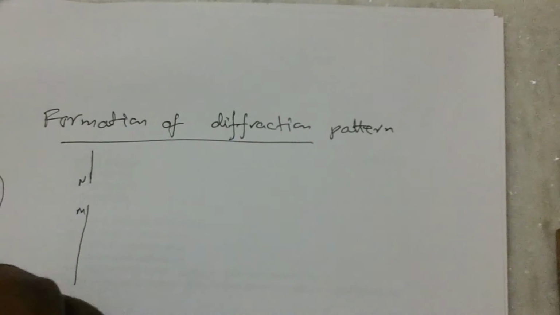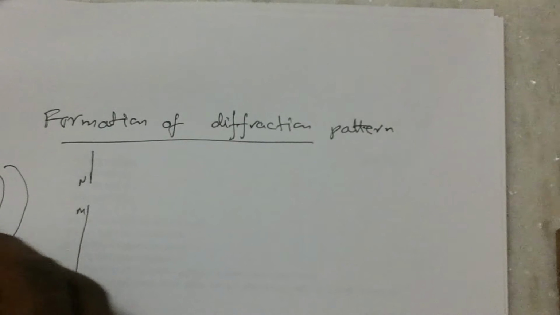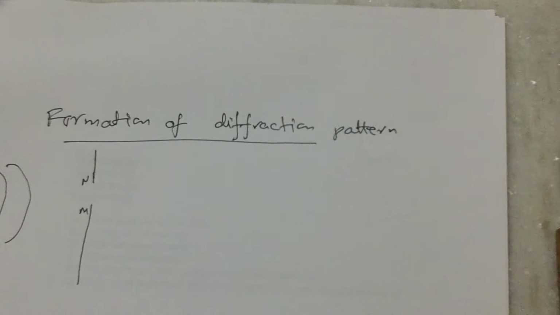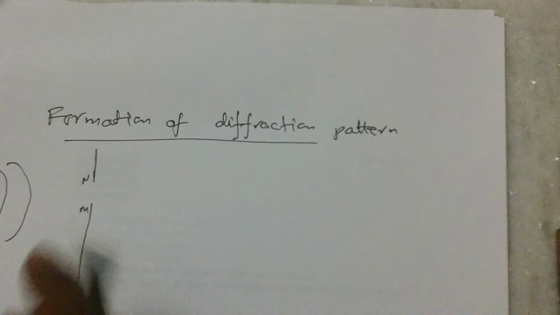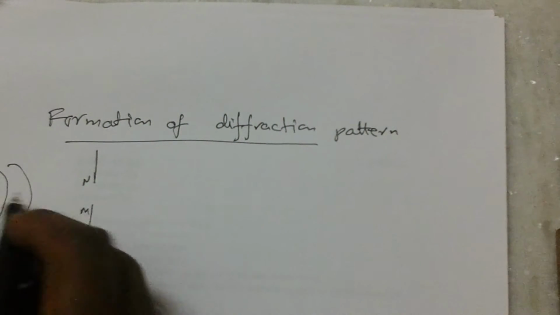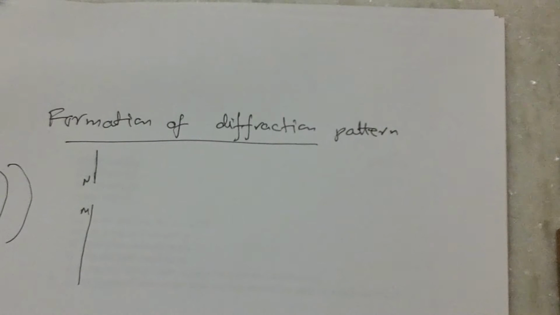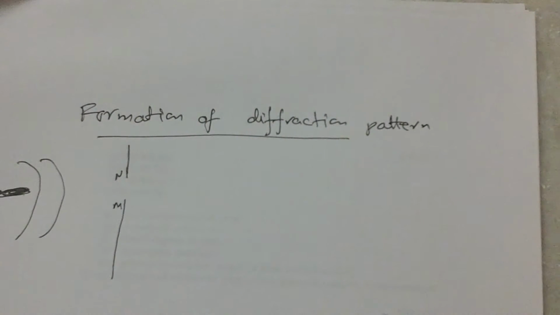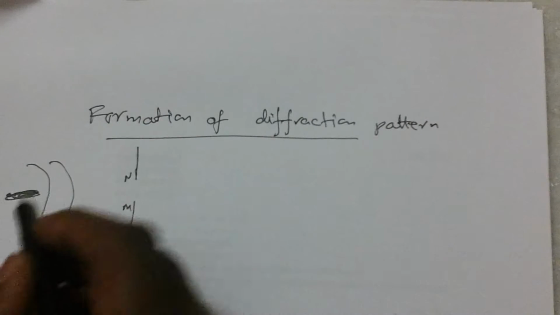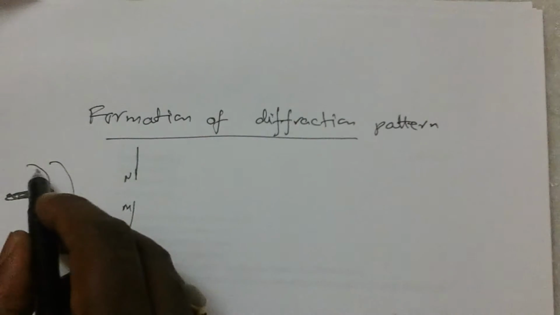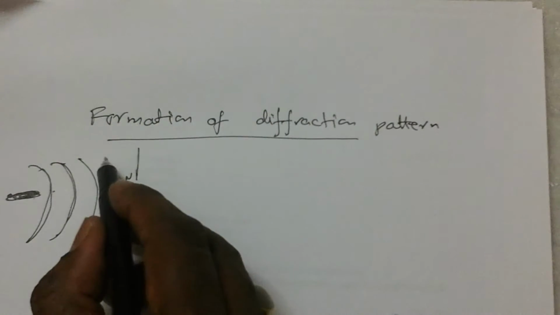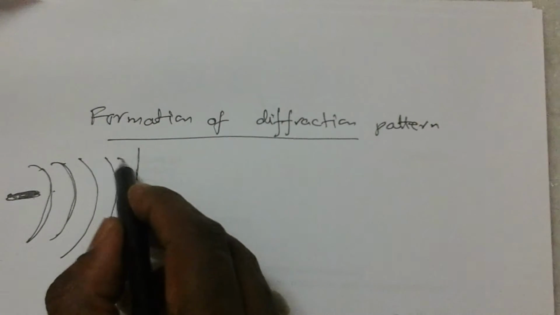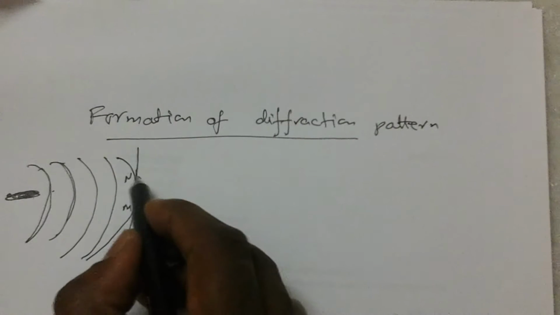The light ray is coming like this from the source, as spherical or cylindrical wavefronts. These wavefronts are falling on the slit here.